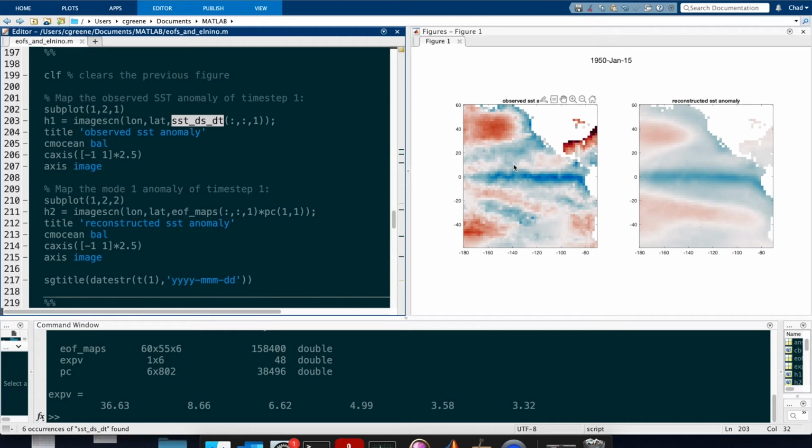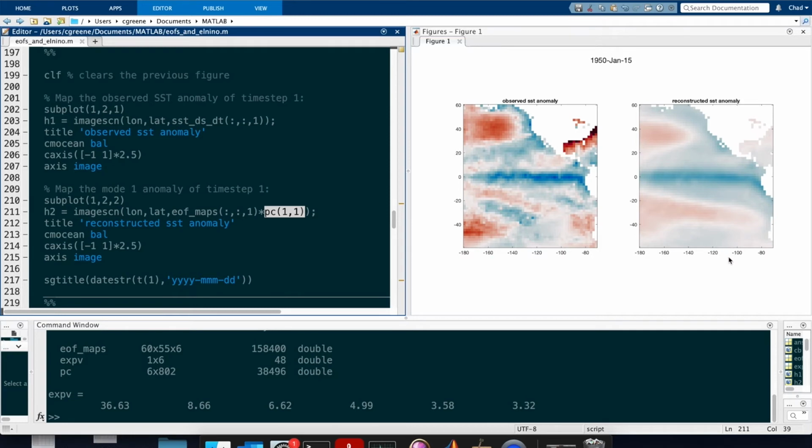And on the right-hand side, we're looking at the EOF map multiplied by that first principal component value in that time series. So this says, okay, for that very 1950 data, you just multiply this value times this map, and you get the sea surface temperature anomaly associated with mode 1 variability.